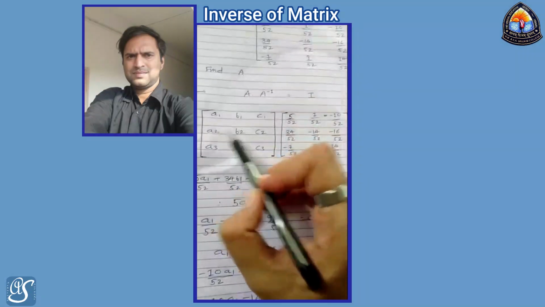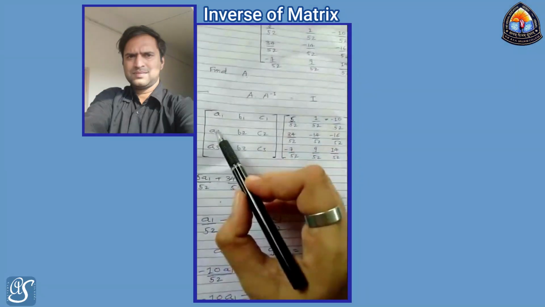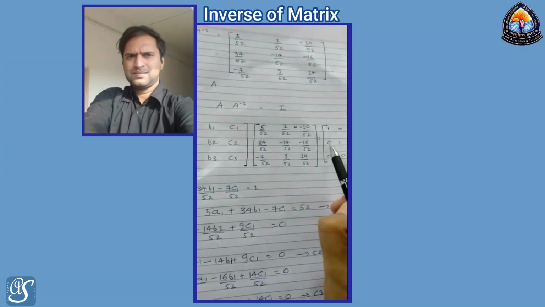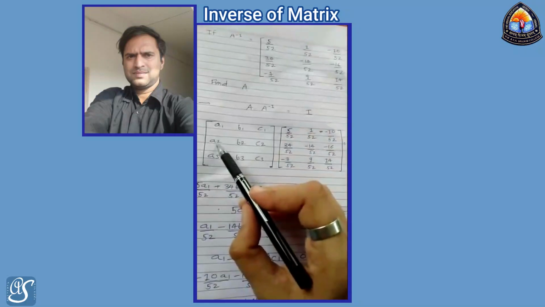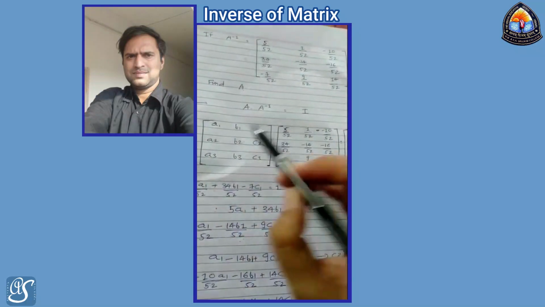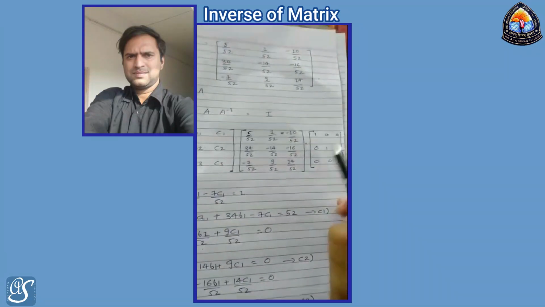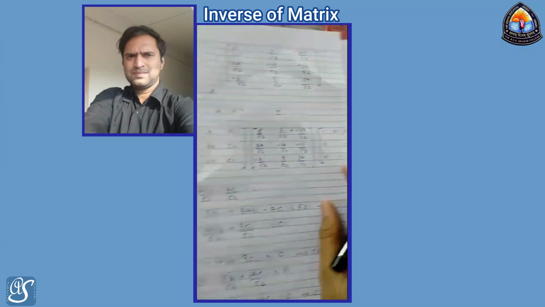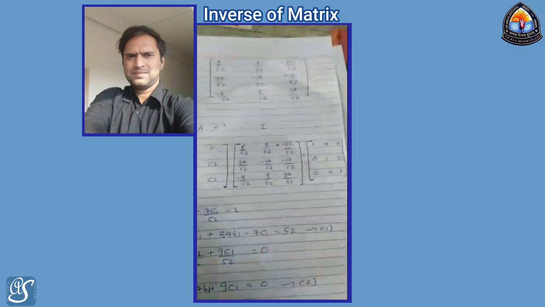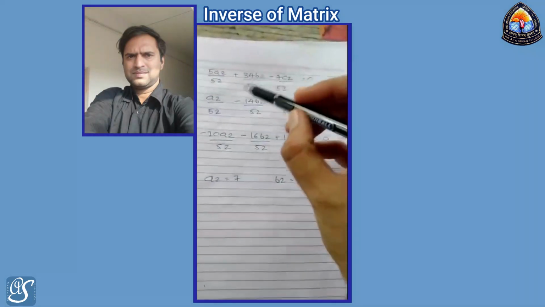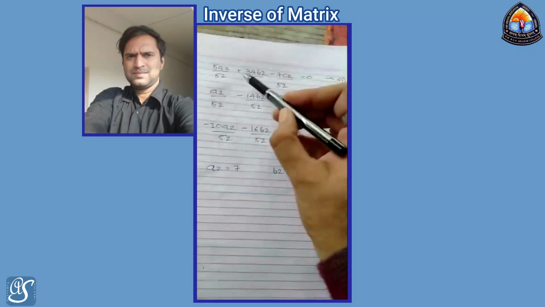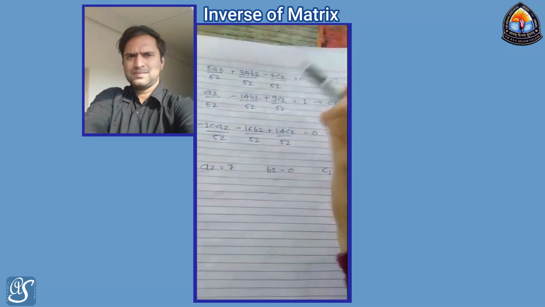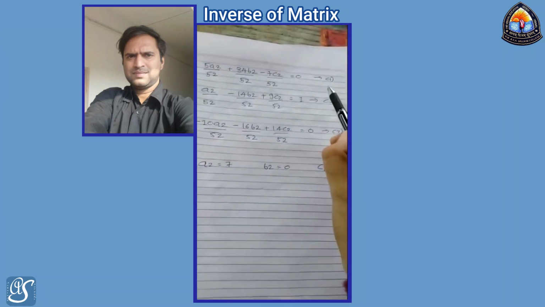Now to get the value of A2, B2, C2, multiply second row with first column and compare its result with 0. Multiply second row with second column and compare its result with 1, and multiply second row with third column and compare its result with 0. So after multiplication we have the result 5A2 upon 52, 34B2 upon 52 minus 7C2 upon 52 is equal to 0, which is our first equation.